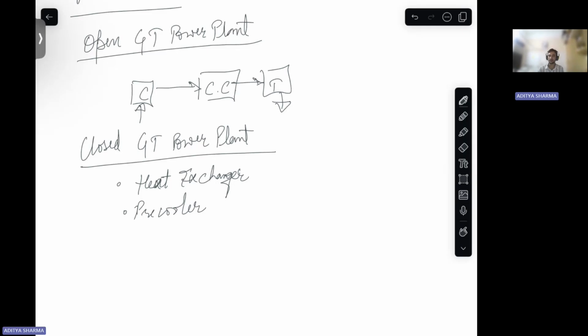And after it passes through the turbine, again it will go to the pre-cooler. Okay. From the pre-cooler, again it will move on to the compressor. So this basically is a closed gas turbine power plant.